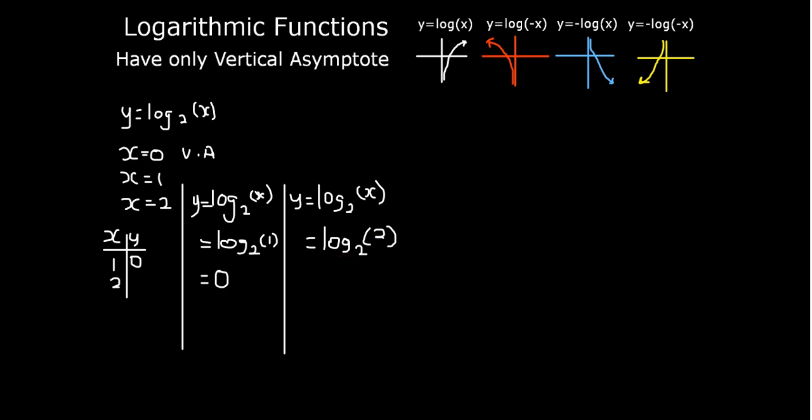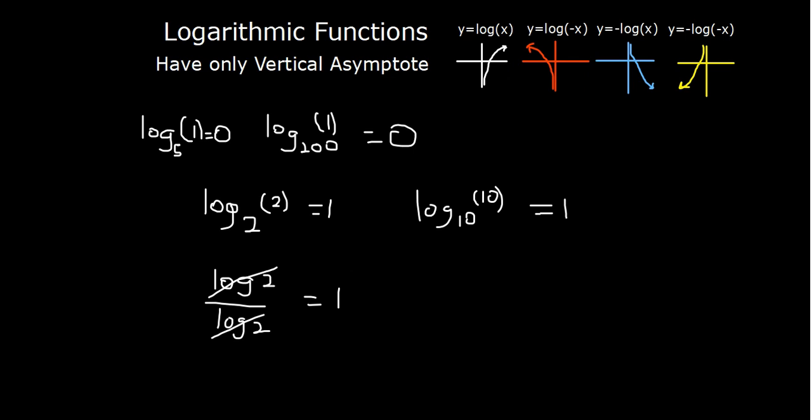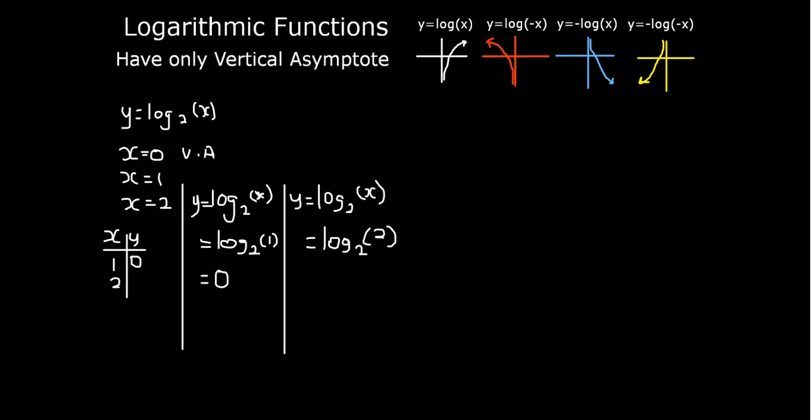Remember we said that if the number in the bracket is the same as the base, it's like log base 2 of 2 over log base 2 of 2, which is always equal to 1. Log of any number with the same base is equal to 1. So with that permission, now we are allowed to say that y here will be equal to 1.